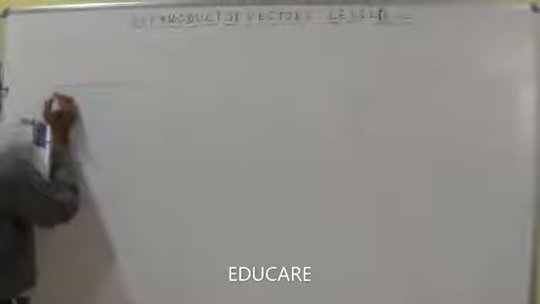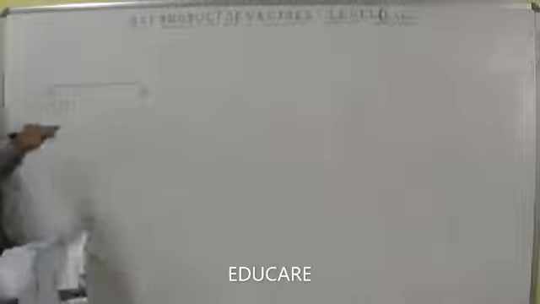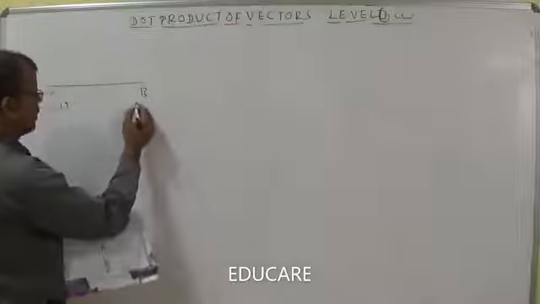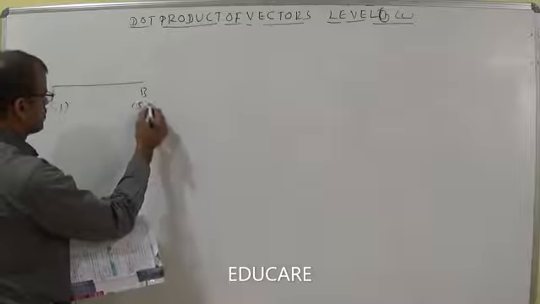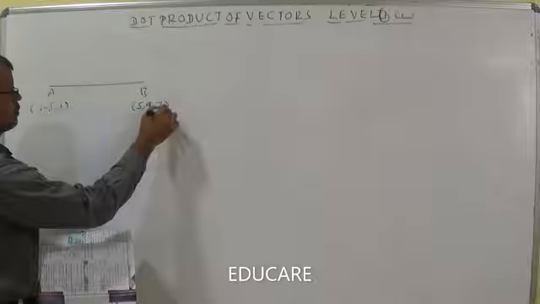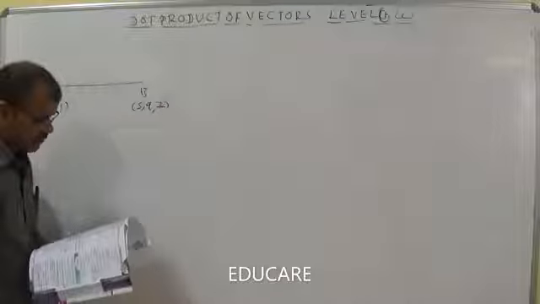Here let's name A and B. A is 3, minus 5, 1. The point is moving in the direction AB, towards B, 5, 9, 7.